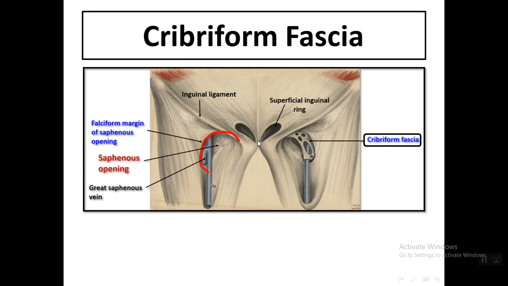As we said, it is called the saphenous opening, and it is filled by loose connective tissue, so it looks fenestrated, like a perforated sheet. The opening has fenestrations, meaning holes, so we call this perforated part that covers the opening the cribriform fascia.